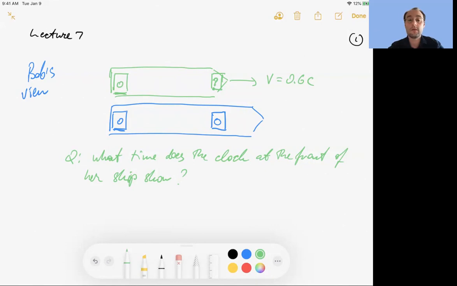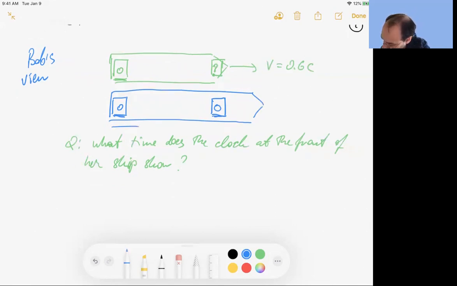So Bob's window is located a distance, say delta L, from the back of his ship, right? And this distance delta L equals the contracted length of her ship.